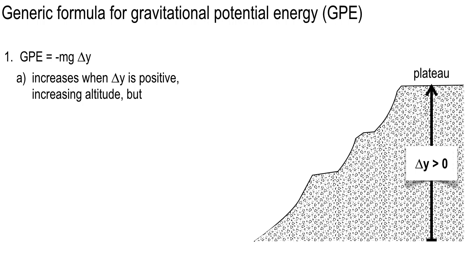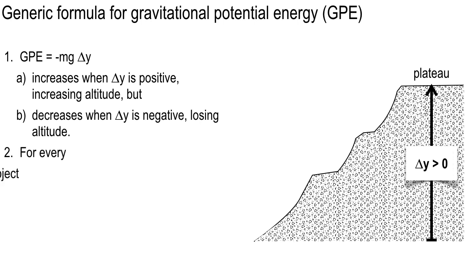So when GPE increases, that means your kinetic energy decreases, joule for joule. And that's what happens as you're going up: you lose joule after joule after joule until you've lost all your joules at the very top of the motion. And GPE decreases, you lose potential energy, as you go down, as you lose altitude.